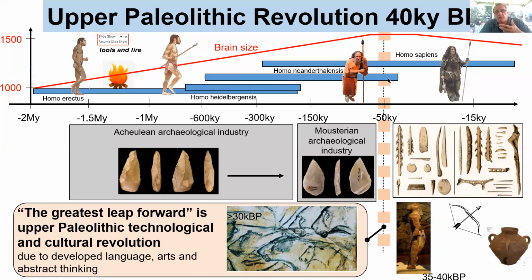As a result of this change, we observe an explosion in creativity, in technological inventiveness, and obviously this cultural evolution is much faster and much more efficient compared to previous genetic evolution.